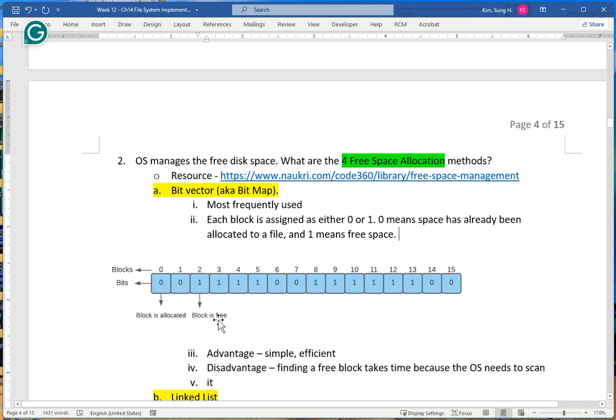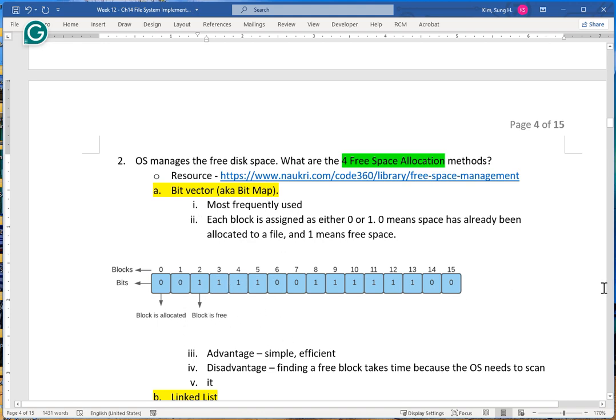You use 0 if it is already allocated, because it's not useful for free space. If the block is free, you put a 1 in that table for that block number, then it is available.